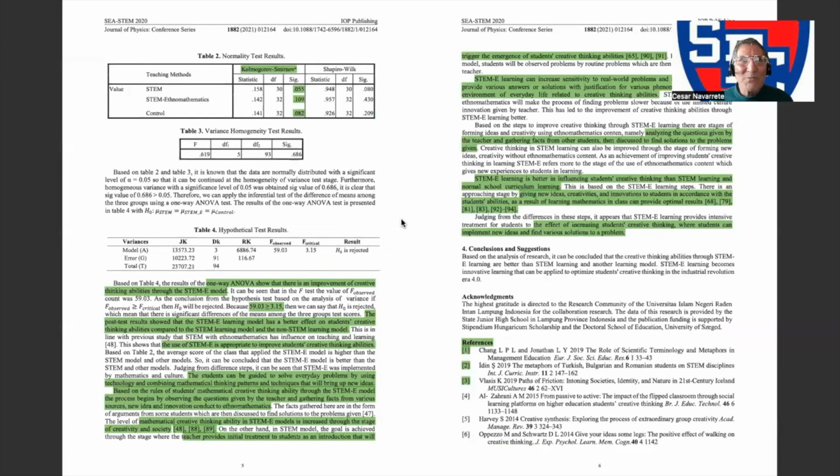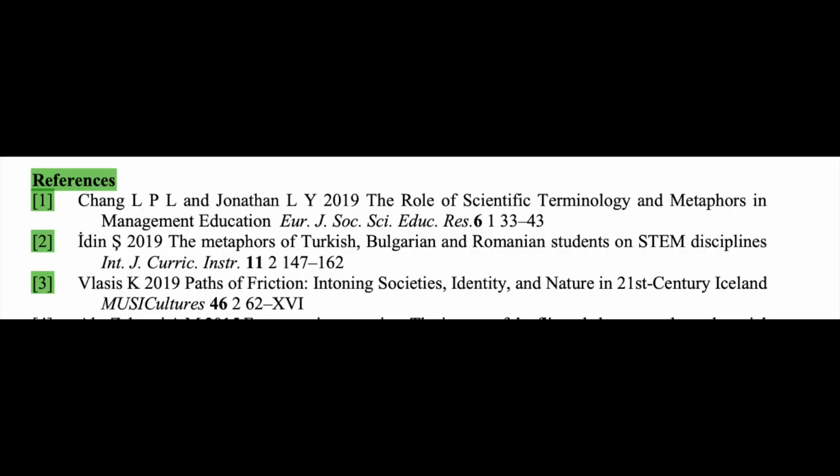So in the bottom right here, you will see that I have references, and I'll look closely at number 1, 2, and 3, which were cited at the very beginning. And they may be highly relevant to this research area. In this reference section, you will notice that citation 1, 2, and 3 include the role of scientific terminology and metaphors in management education.